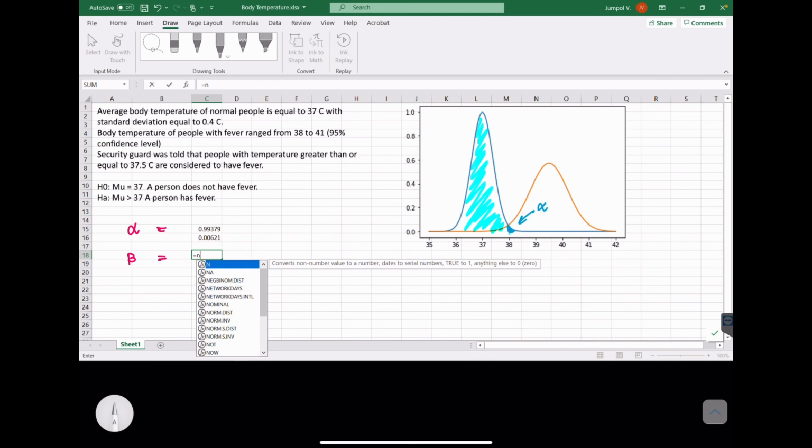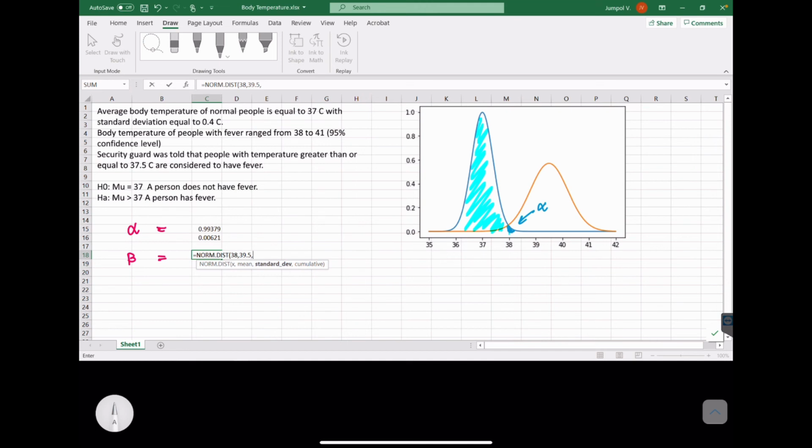What about beta? Beta is gonna be NORM.DIST, and 38. Mean is 39.5. The standard deviation is what?